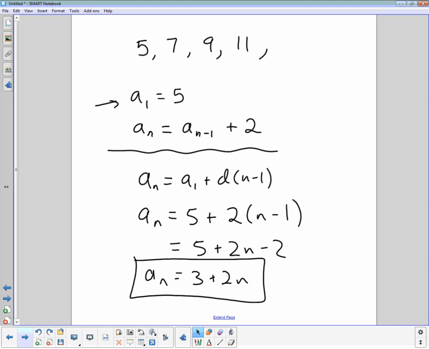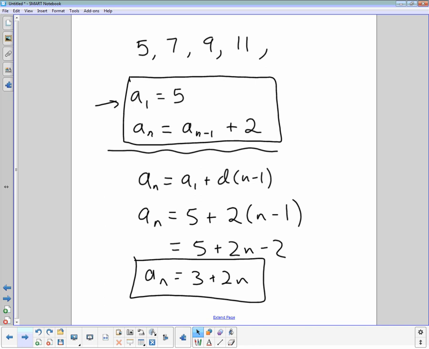So this one has to have both parts. And that's the recursive above and the explicit below. Explicit just says, hey, what term do you want? You want the 50th term? Here you go. Boom. There it is.